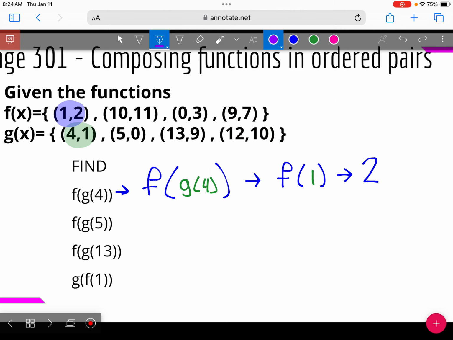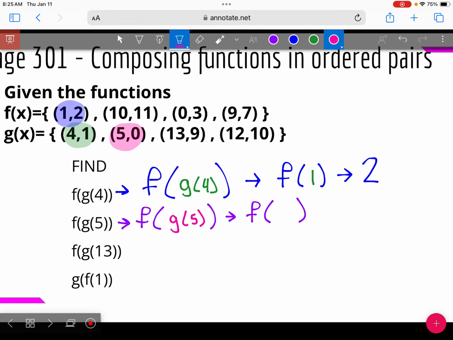We're going to do that a couple more times to practice through this. So we're going to do f of g of 5. So first thing we need to figure out is what is g of 5? So we're going to look in g. We're going to figure out when x is 5, and we're going to find that point. g of 5 is right there.